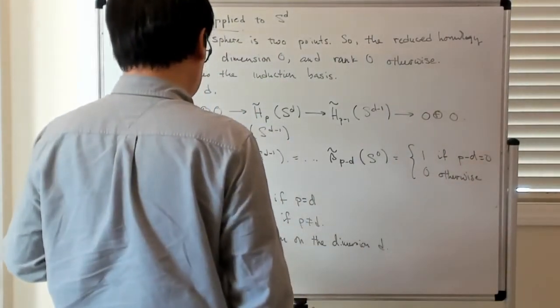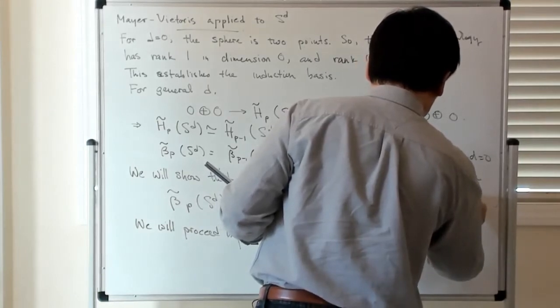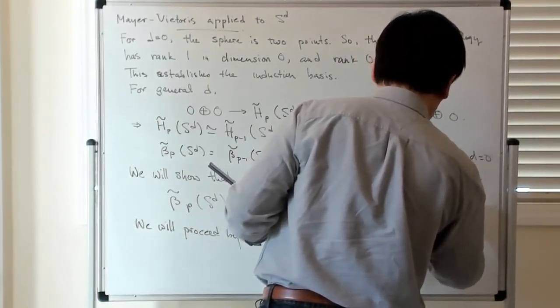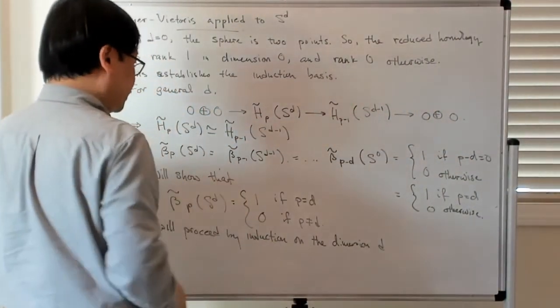Which is of course equal to 1 if p is equal to d and 0 otherwise, which is what we were trying to prove.